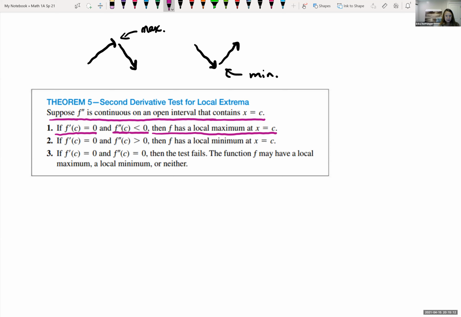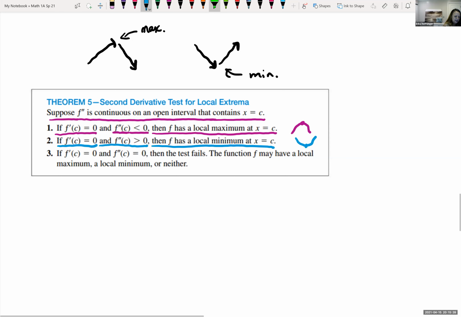How I kind of think of this is that the double derivative is less than 0, so the parabola shape is facing downwards at that c value, and so I can see that a max occurs there. If we plug our critical value, which set our first derivative equal to 0, into the second derivative and it's bigger than 0, then we can say that we have a local minimum at that value.